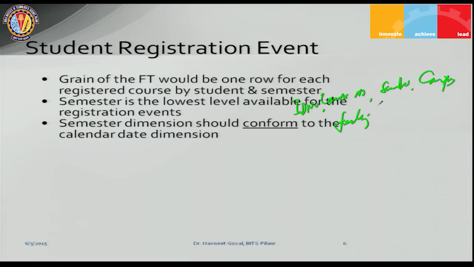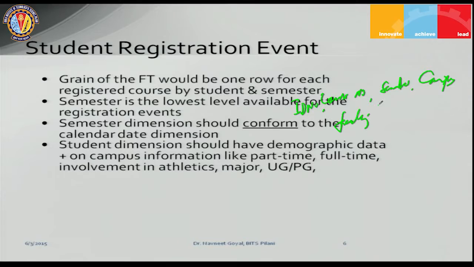The attributes that apply at the time and day hour level would not apply when I talk about the semester dimension, so that's why we need to conform. And the student dimension should have demographic data plus on-campus information like part-time, full-time, involvement in athletics, major, UG, PG, etc. The student dimension should have the demographic data for on-campus students.